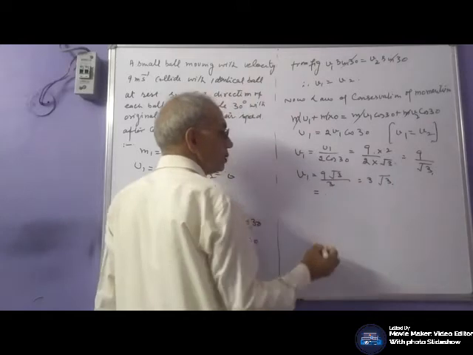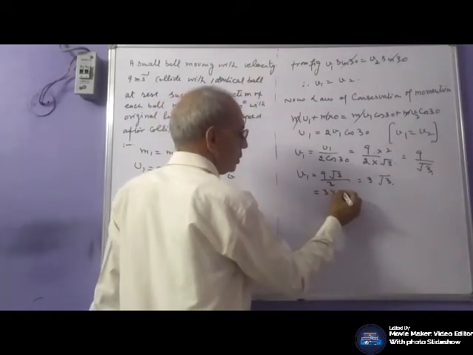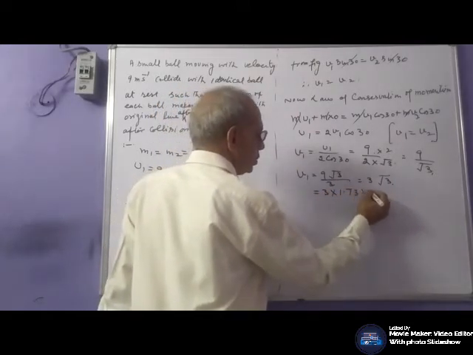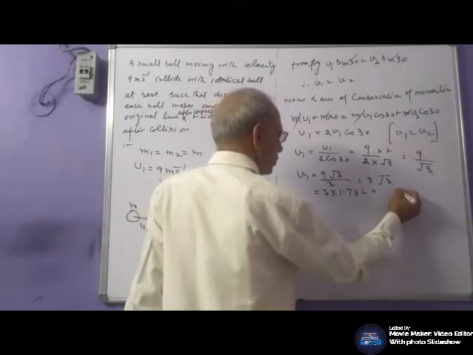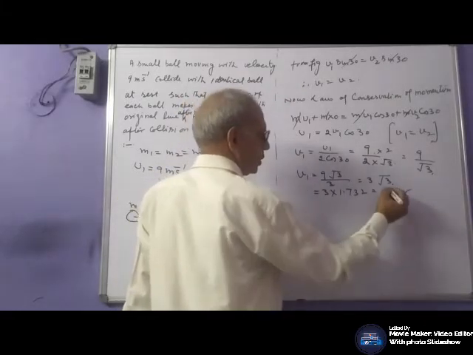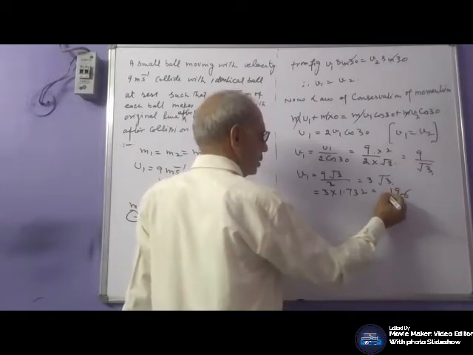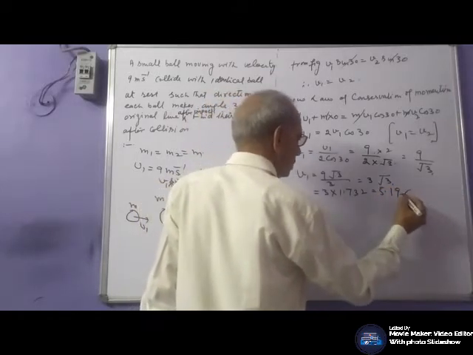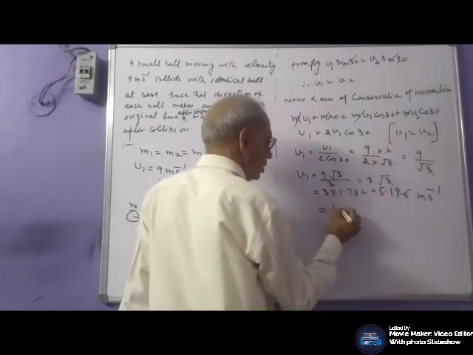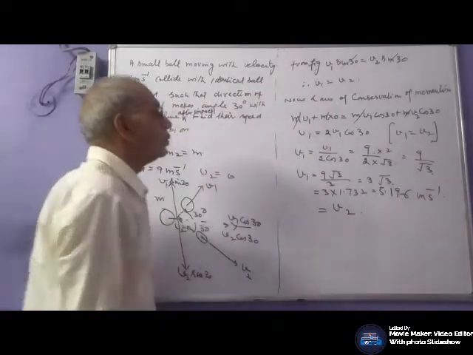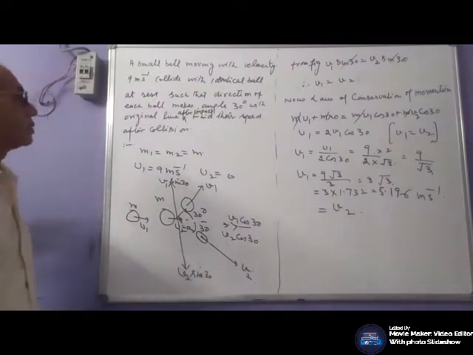It is what? 1.732 times 3, 5.196 meter per second, and it is also V2. So this is the velocity after collision.